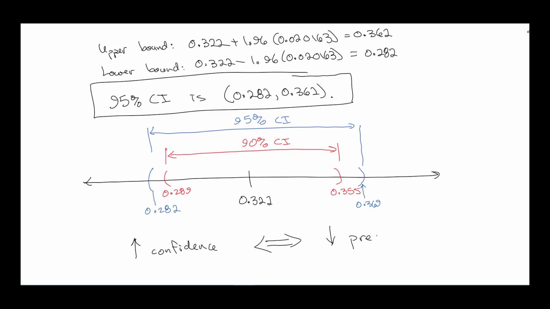If you have to be more sure that you've captured the population parameter, then your confidence interval is going to be wider, because you're going to want to capture some of the values that are further out. This relationship always holds. And so where would the 99% confidence interval be? That would be further out still, right?